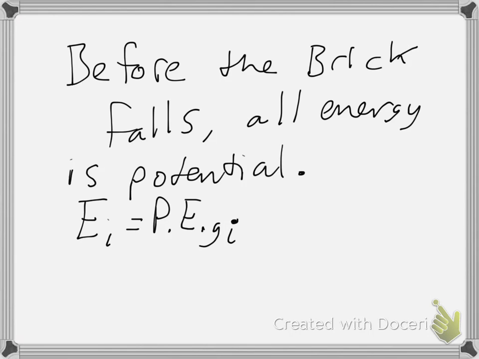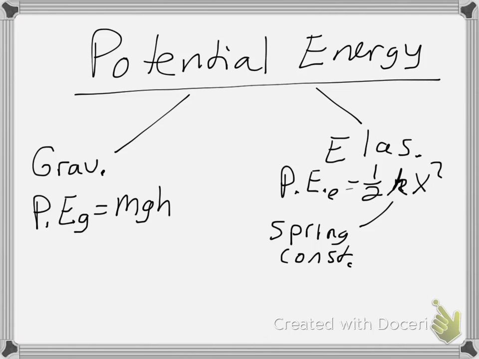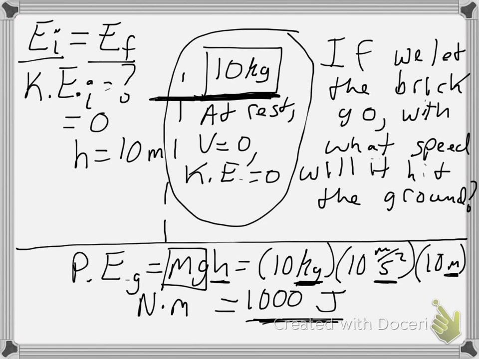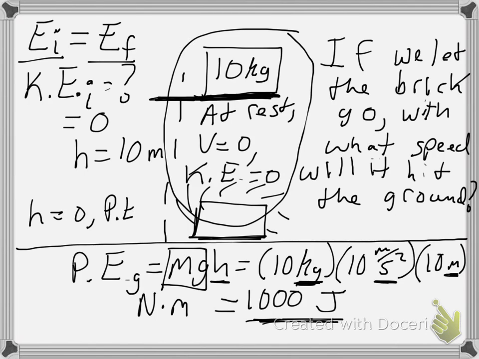initial, right? And when it falls and hits the ground, once we come back, after the brick has hit the ground and made a loud thwack, then its height is no longer 10, its height is now 0, and so its potential energy is 0.